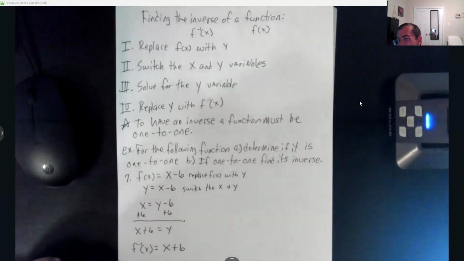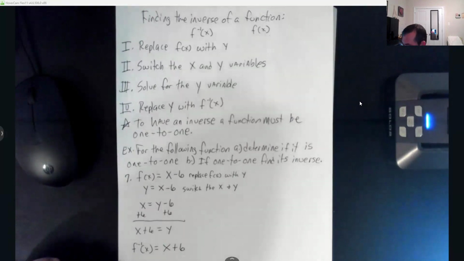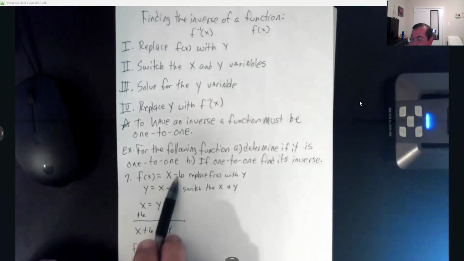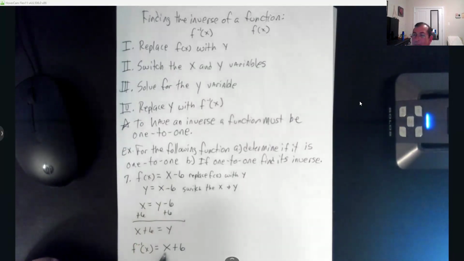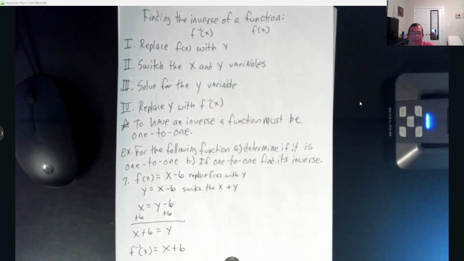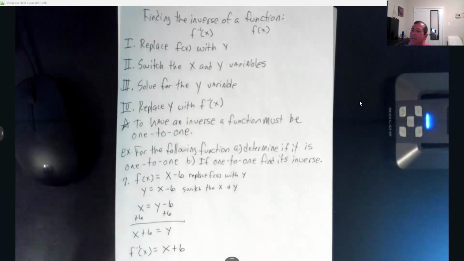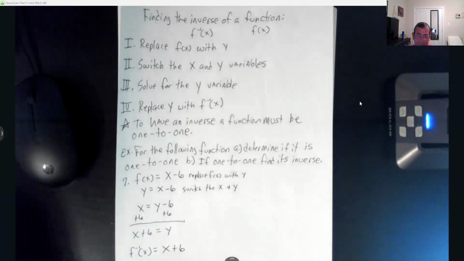Now y'all notice a few things about this inverse. The original function was subtracting the 6. Look at my inverse. It's adding the 6. You'll notice that the inverse functions have opposite operations than the original function.